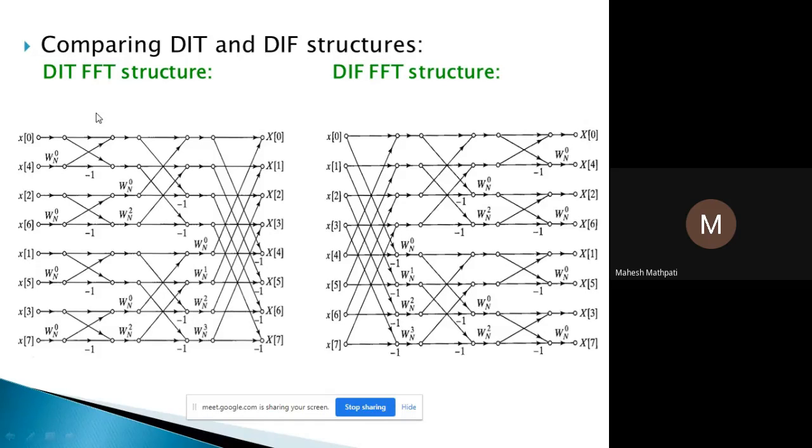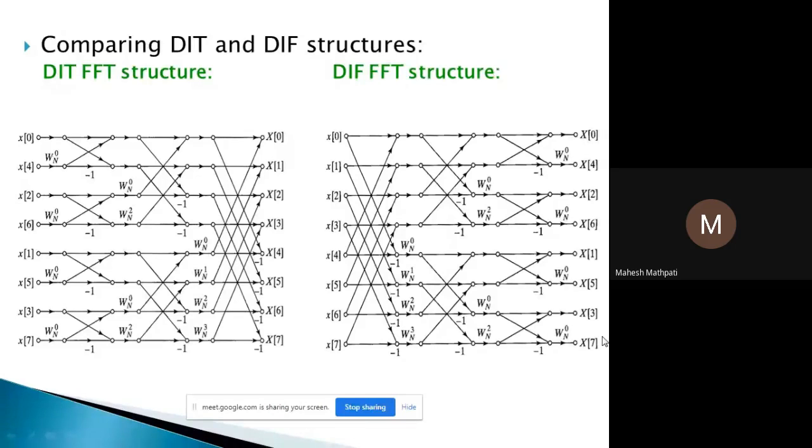For the DIF FFT structure, the inputs are in natural order. The computation we are performing is 8, 4, 2 and the multipliers we are adding at the output side. The output we get from the DIF FFT structure is in bit reversal order. Hope you understood.